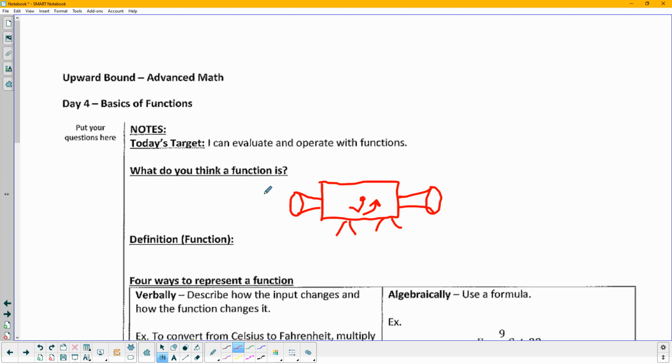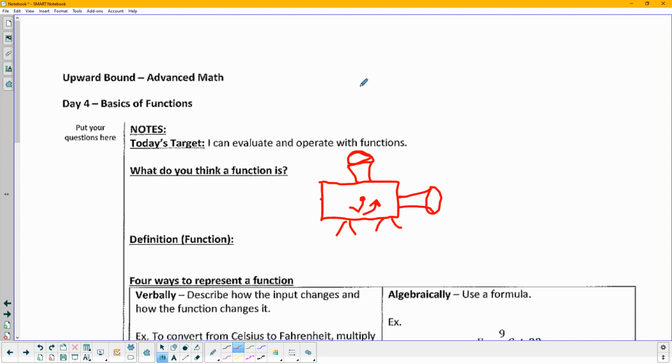So the idea of a function, and maybe it's better if I put this, this just looks a little too linear for me. Maybe if I think of it this way. Great drawing, great artistic ability there.